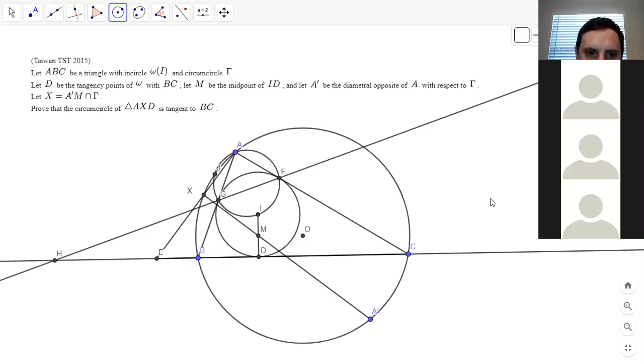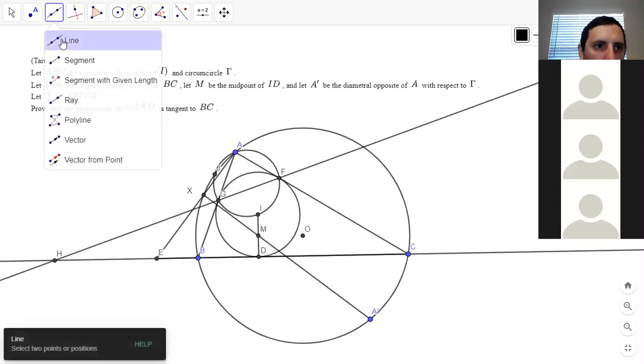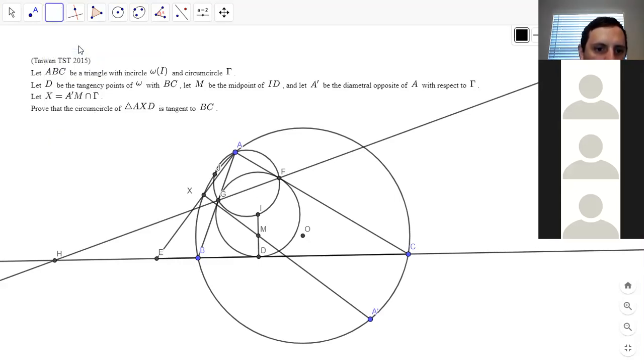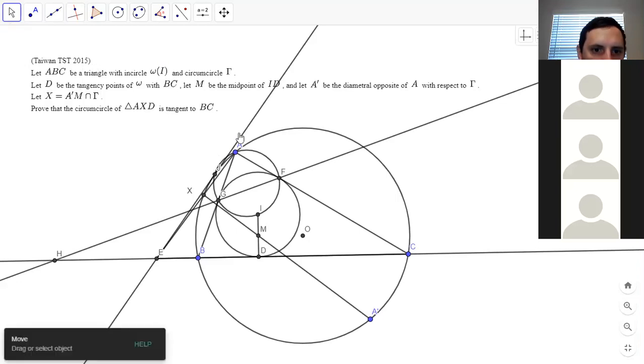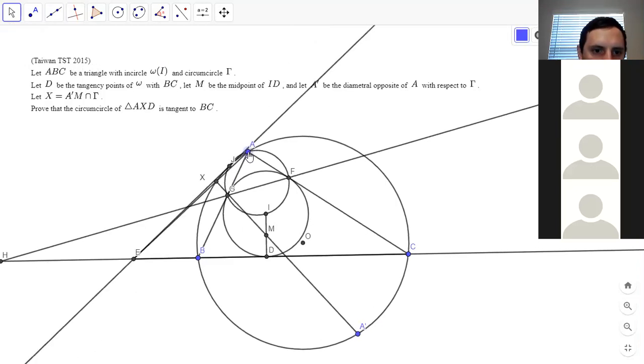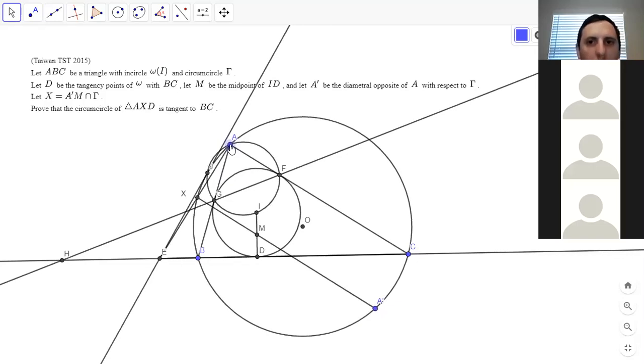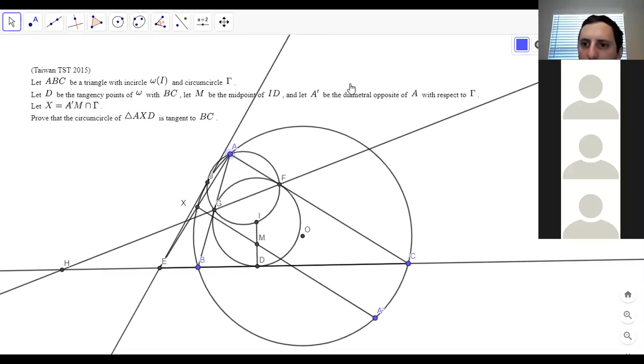EJ looks like it is tangent to a certain circle of ABC. If the problem is true, it must be tangent. It is equivalent to the problem.